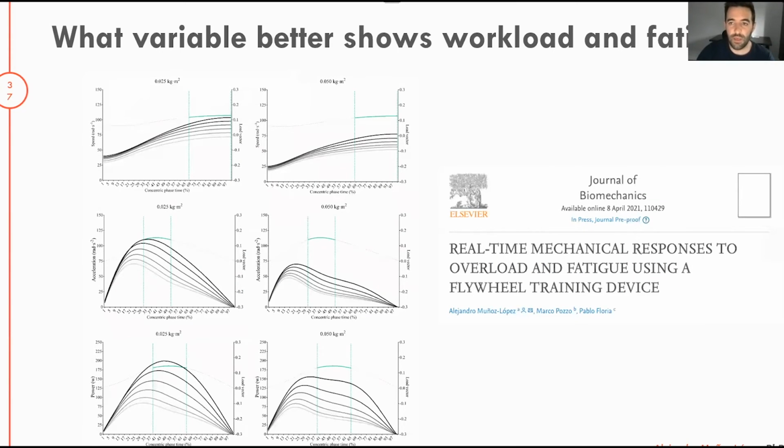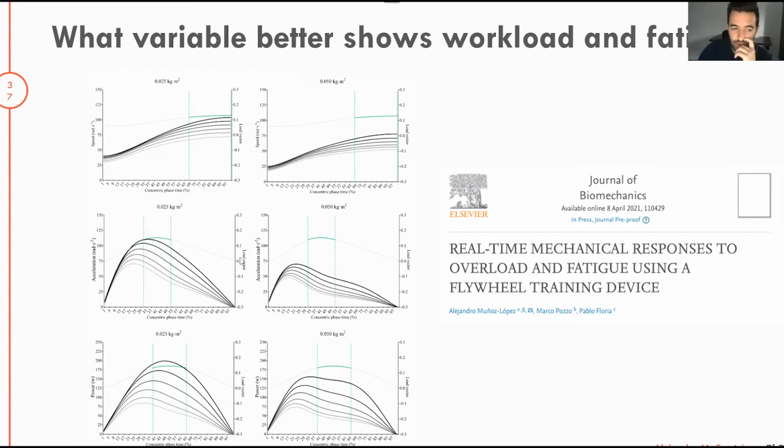Actually, what we showed recently in the Journal of Biomechanics, which was just published, is we studied which variable better shows the workload and the fatigue along the repetitions. And we saw that acceleration is the variable which best reflects that workload, because we saw, doing a principal component analysis, and this is only the concentric phase, okay?